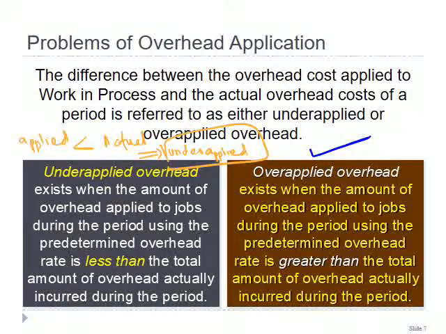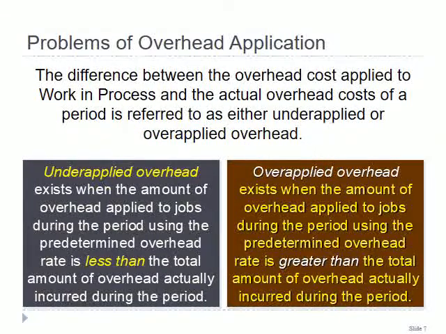Now exploring overapplied overhead. Overapplied overhead exists when the amount of overhead applied to jobs during the period using the predetermined overhead rate is greater than the total amount of overhead actually incurred during the period.